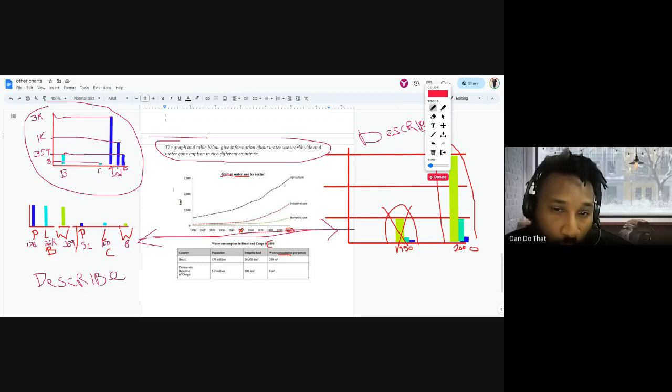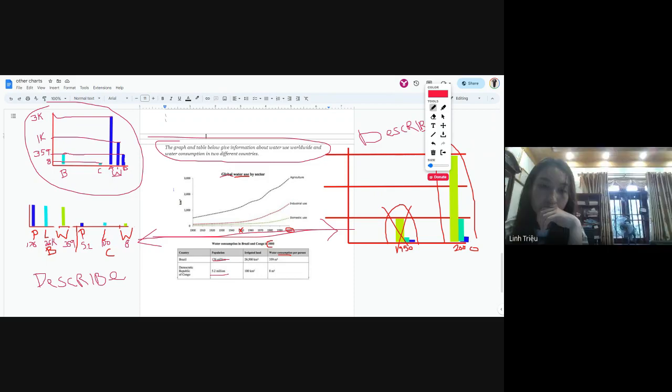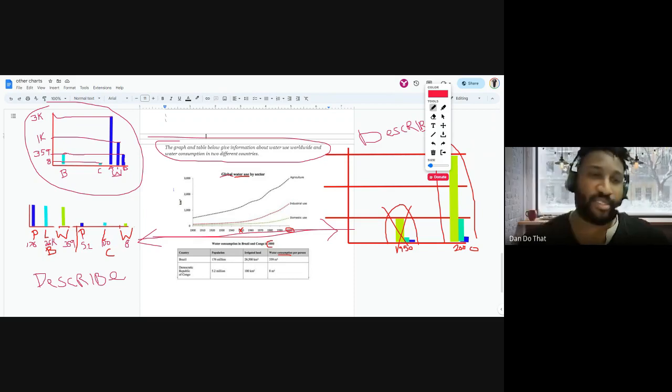We could say two large countries or two very different countries because Brazil has 176 million people and Congo only has 5.2. So it seems like Brazil's quite big and Congo's pretty small. So you could say between a large country and a small country. You could say that. It's true. But just don't say two different countries. Say something else.